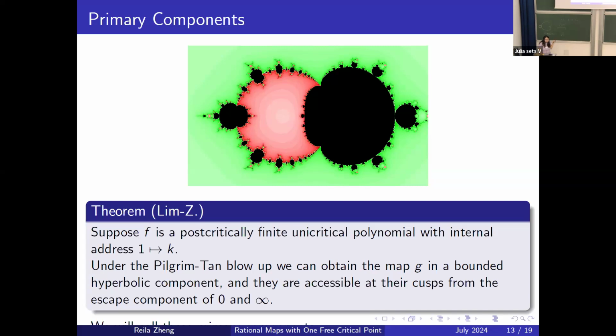Any questions? Oh yeah, on this picture, they would just be the peanutty regions on the main circle. So these components are the ones that are accessible. Any questions?